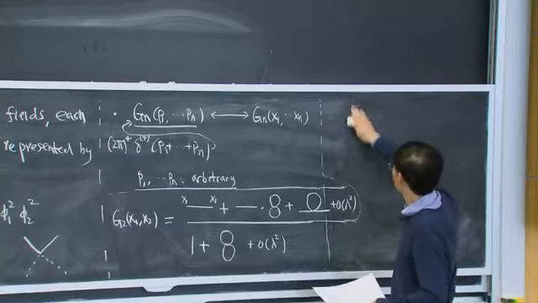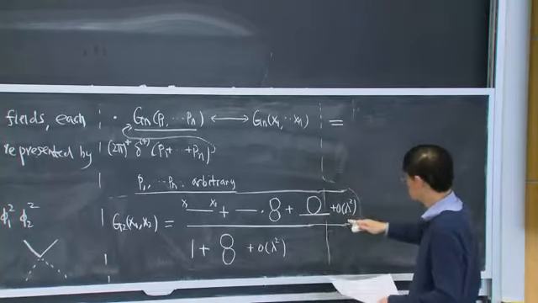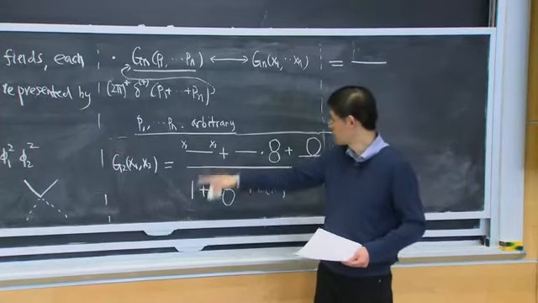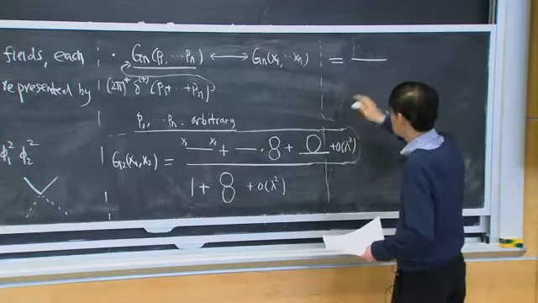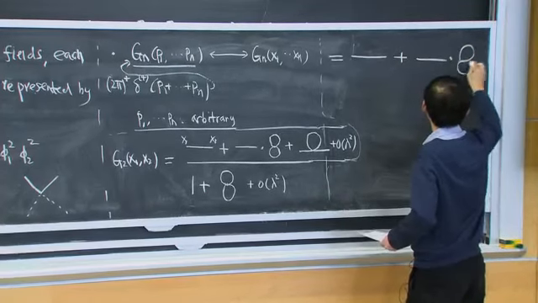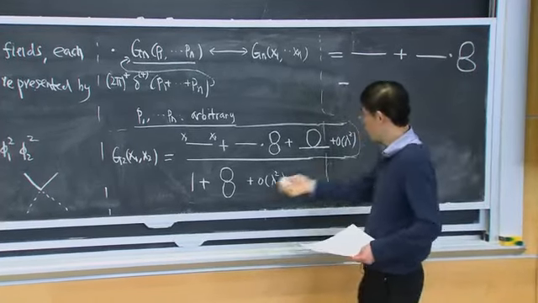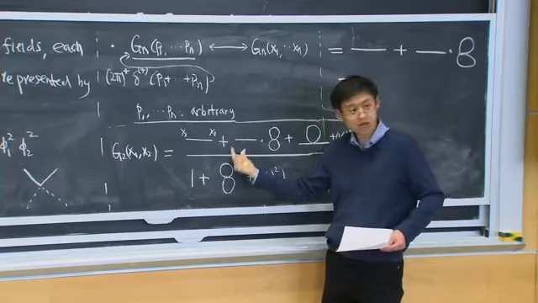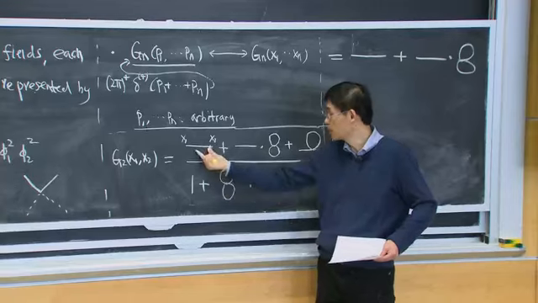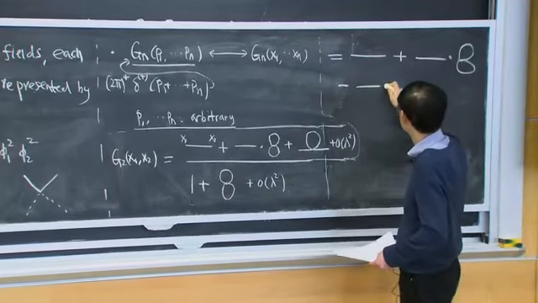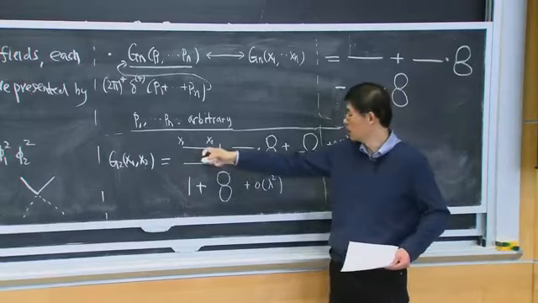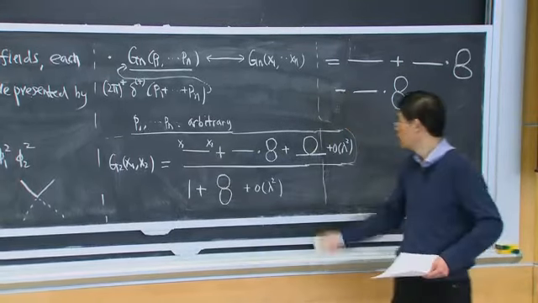At the leading order in lambda, we still have just x1, x2, because this divided by that is just x1, x2, and then you have this term. But now we can bring this term to the upstairs, and then the sign changes to a minus sign. So this term multiplies that, and you get a term like that, coming from bringing it to the upstairs. And then you have this term.